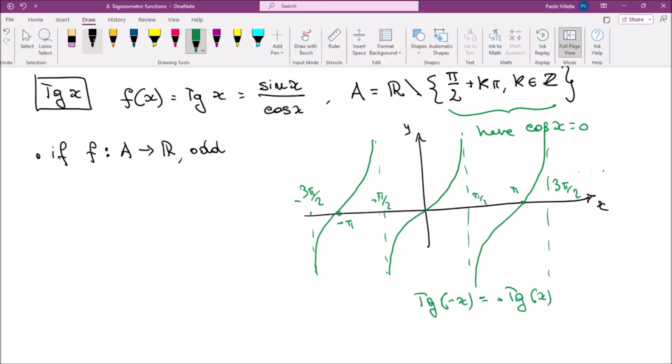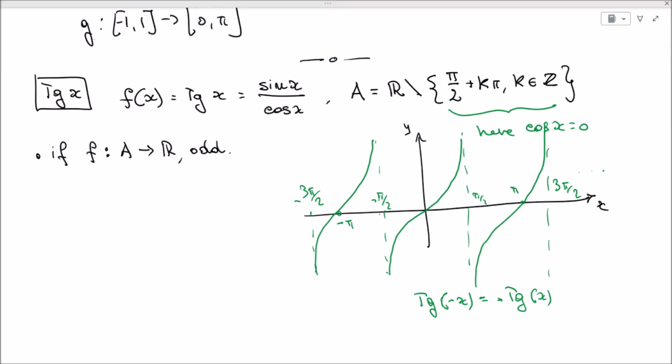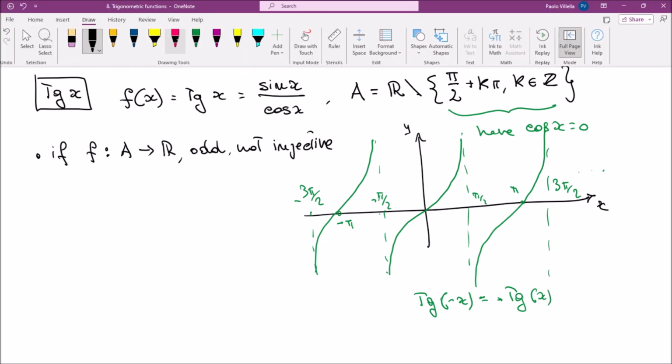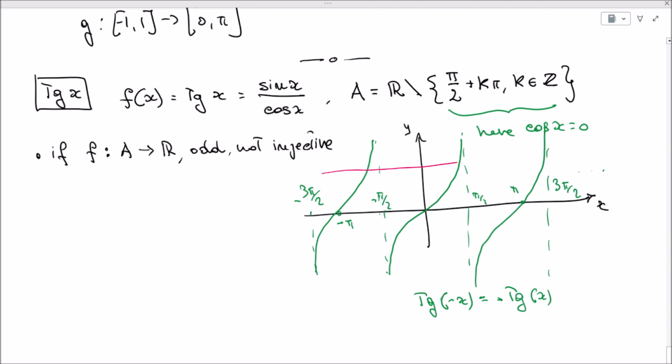So this is clearly an odd function, and of course it is not injective, even if it is surjective, as we can realize when we draw a horizontal line. We see that this horizontal line crosses the graph of the function many times.